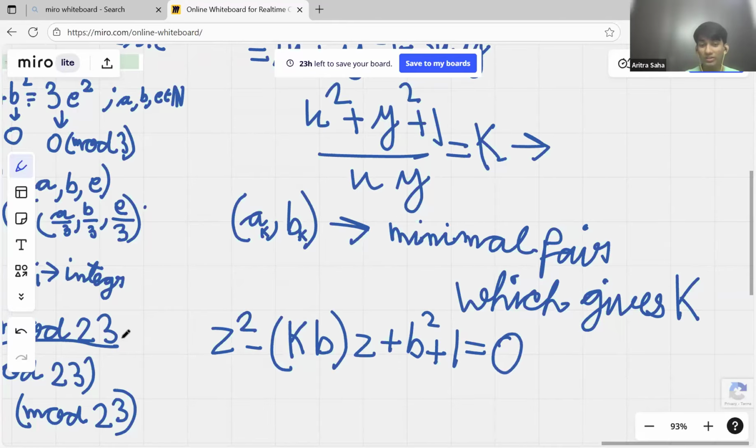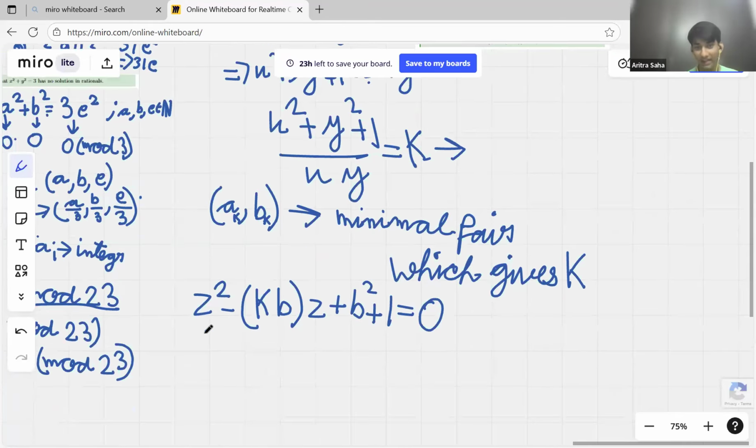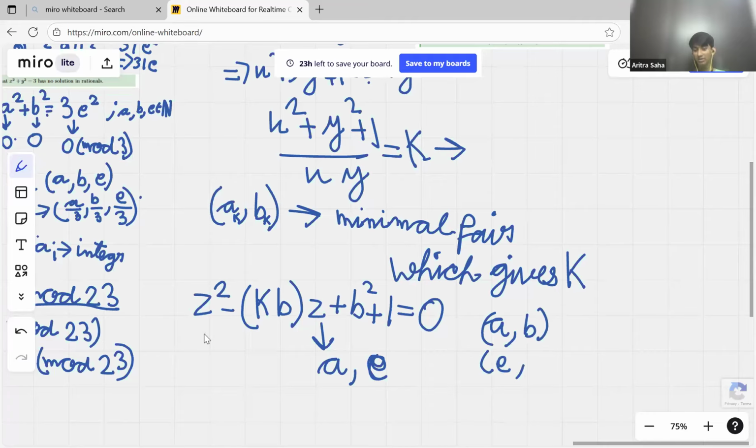One of the roots is a here, so we got one root to be a. What is the other root is the question. We say the other root is c. This is the whole point. If a comma b is a solution, which is the minimal, then c comma b also has to be a solution, because we can get from here to here, and that gives the same k.